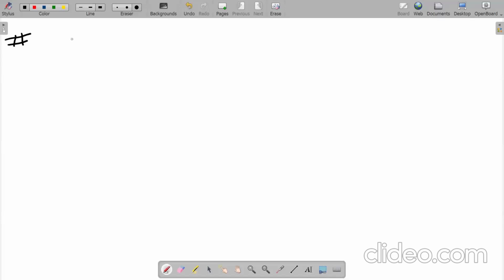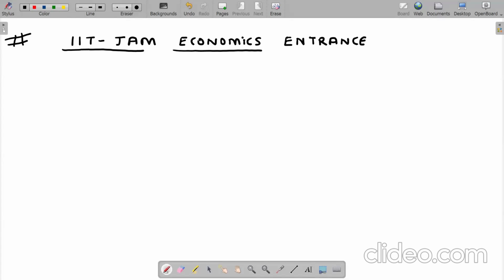I'm just writing the main heading for completeness. This is IIT-JAM Economics Entrance, and we are looking at the 2024 question paper.